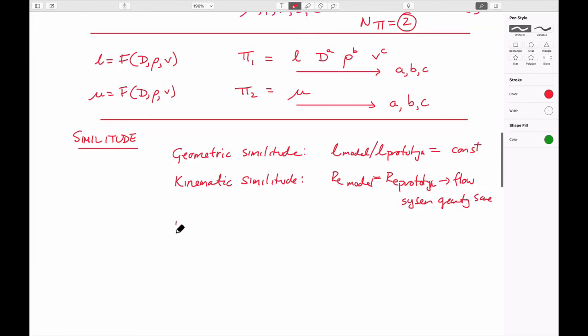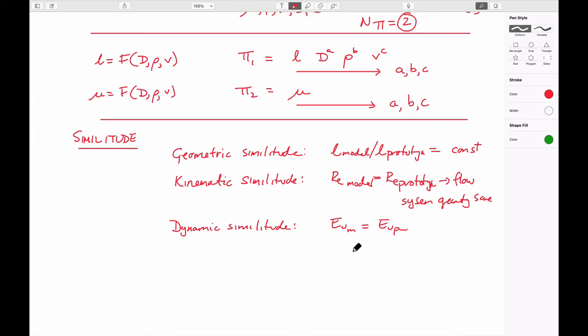And if that is the case, then you can use dynamic similitude, which usually requires that the Euler number of the model is equal to the Euler number of the prototype.